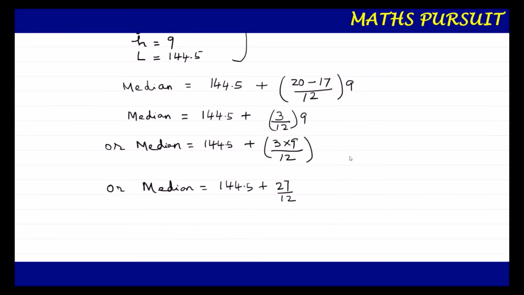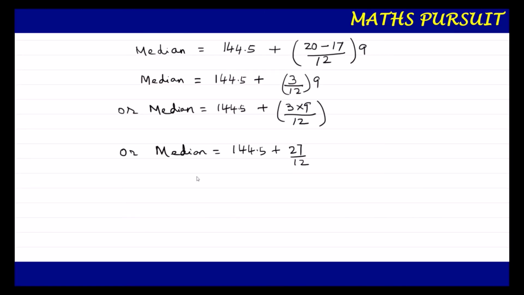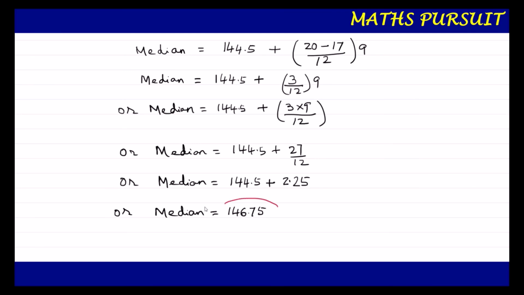Or median is equal to 144.5 plus 2.25. 27 upon 12 we will get 2.25. Or finally we can write median is equal to 146.75. So this is our answer. We got median is equal to 146.75.